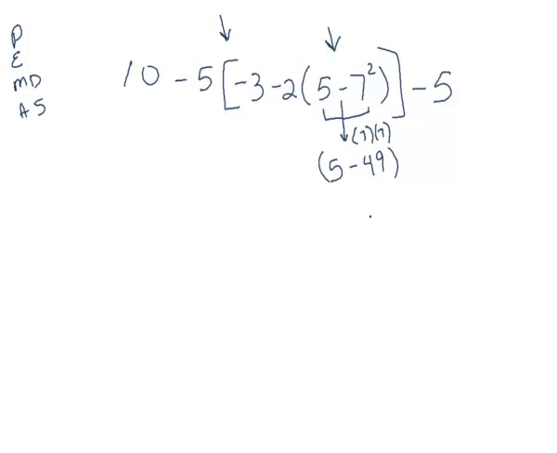If your negative is not held in with parentheses, it's not part of the base for that exponent, unless it's held in. If it's in parentheses like this, and the exponent is out here, then this means negative 7 times negative 7. So you see the difference right off the bat. So what do we have here? Now we're going to do the subtraction. 5 minus 49 is what, guys?